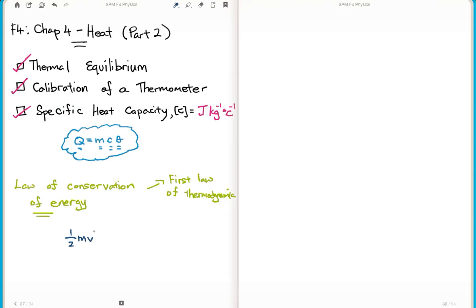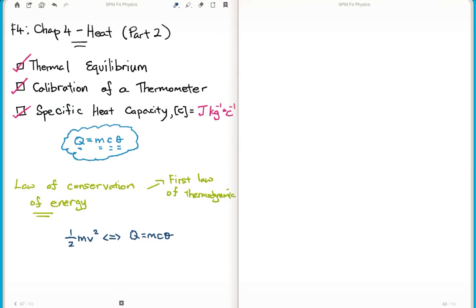You have gone through my Form 4 video. Kinetic energy can be transformed to heat energy, which is mc theta. Kinetic to heat, heat to kinetic.